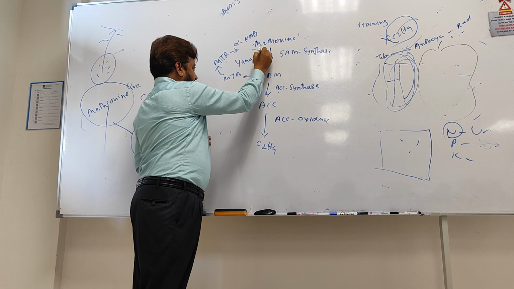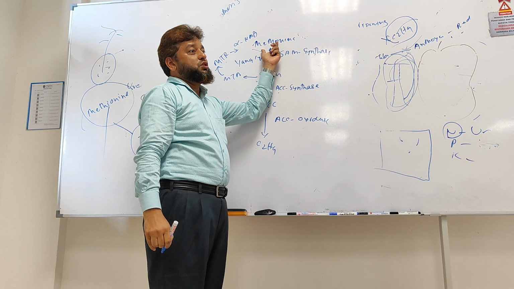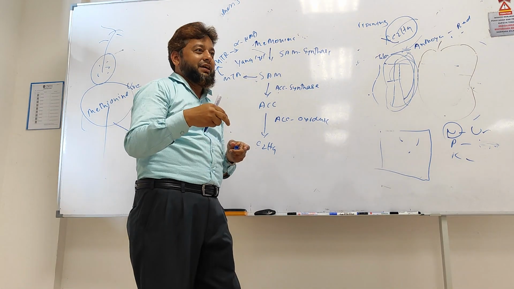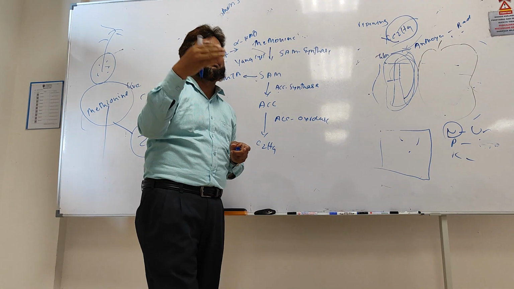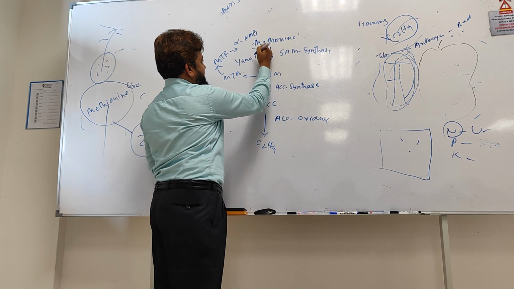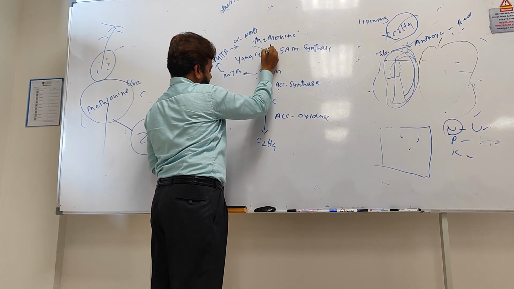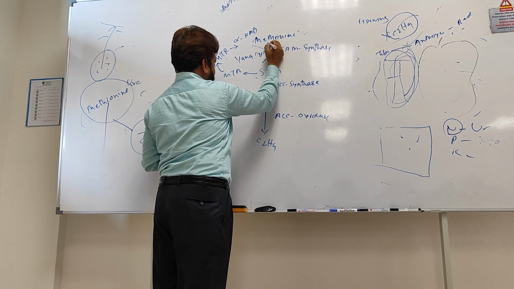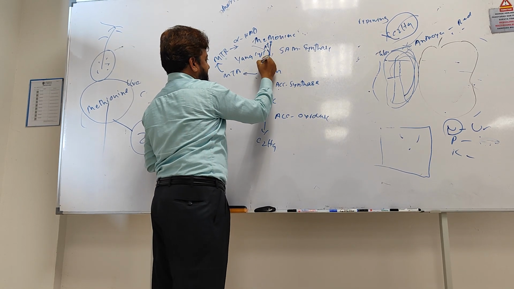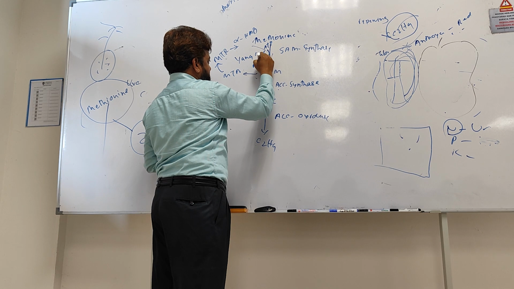Okay, so for this breakdown, it actually needs some energy, right? For all reactions, at the start they need some energy. So for this energy, one ATP will be used, and it will change into ADP plus Pi, right?